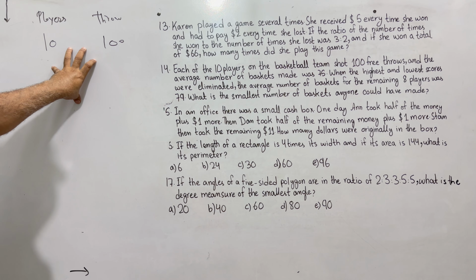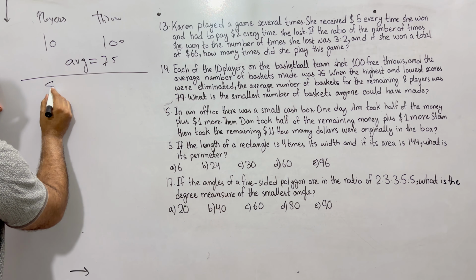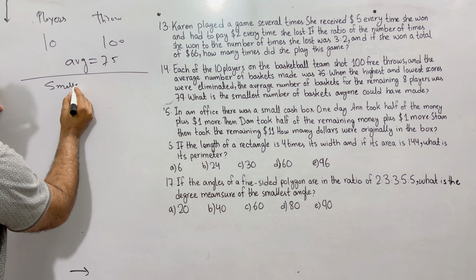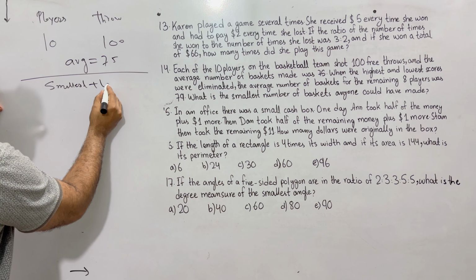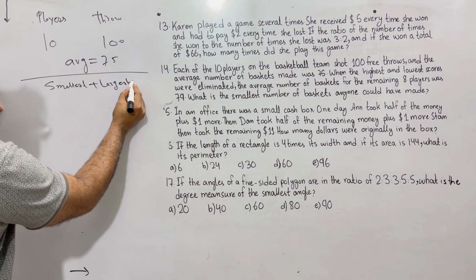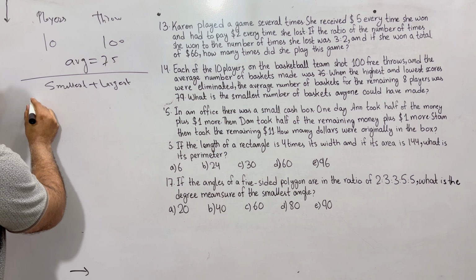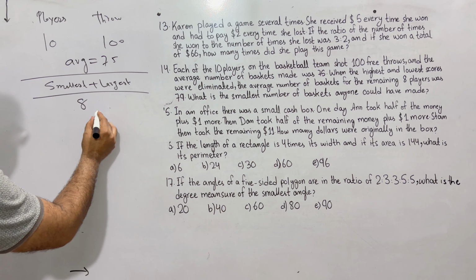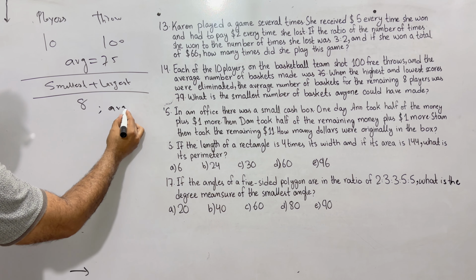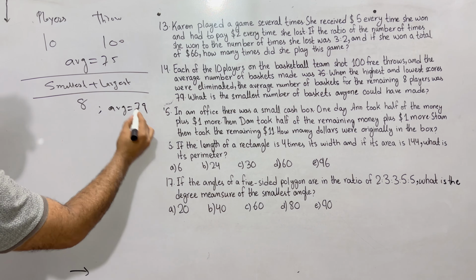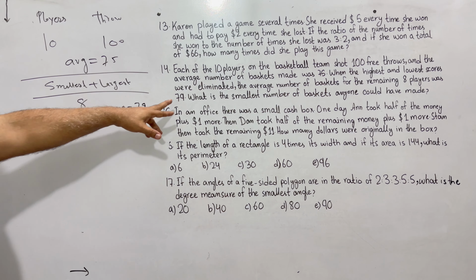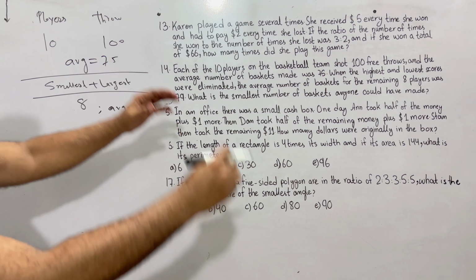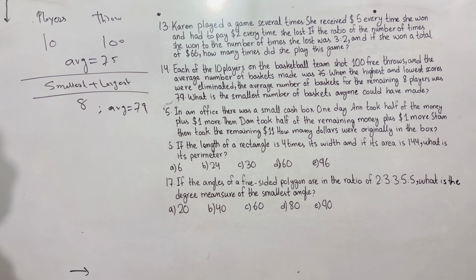When we eliminate the smallest and the largest, there remain 8 players, and the average of those 8 players is 79. We are asked to find the smallest number of baskets anyone could have made.